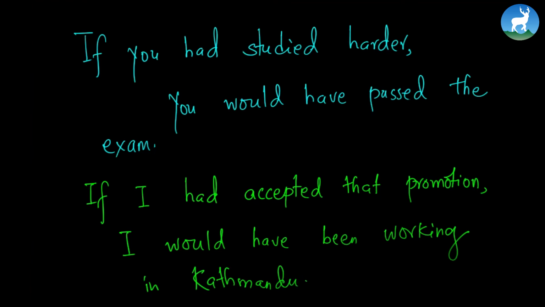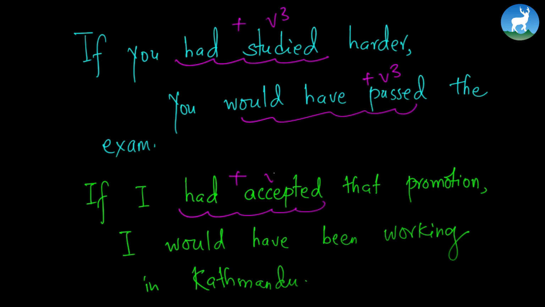These are two examples, so let's analyze them. If you had studied harder, that is had plus V3, you would have passed the exam, so would have plus V3 again. If I had accepted that promotion, had plus V3, followed by I would have been working, so we have been plus VING or a V4.